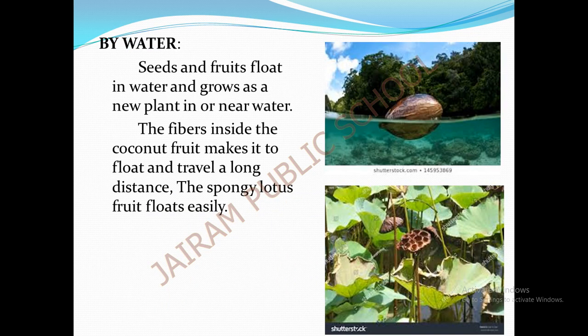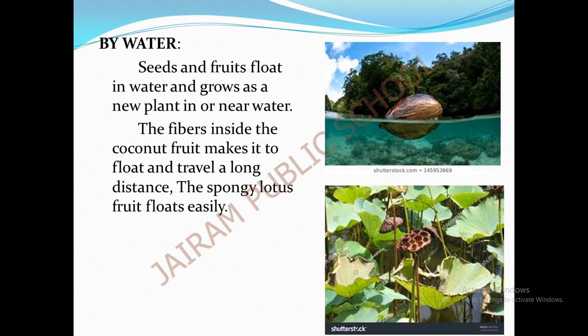The next is dispersal by water. How do these seeds get dispersed by water? The seeds and the fruits float in water and grow as a new plant in or near water. What is happening? The tree is near a water area.